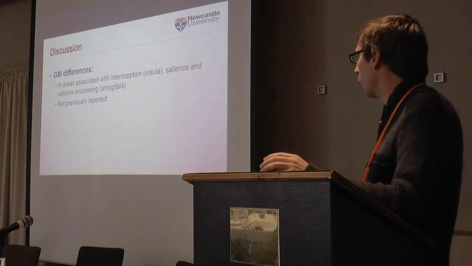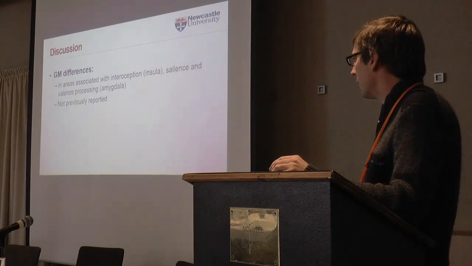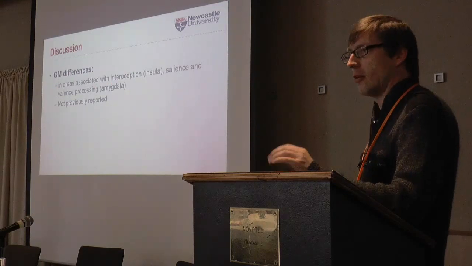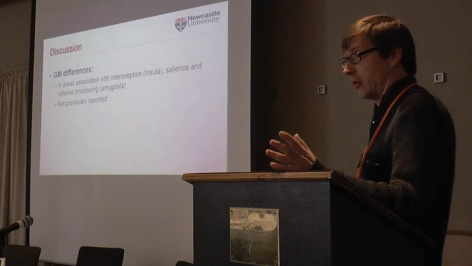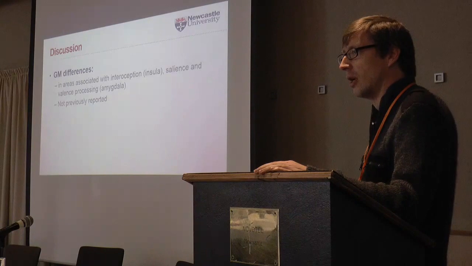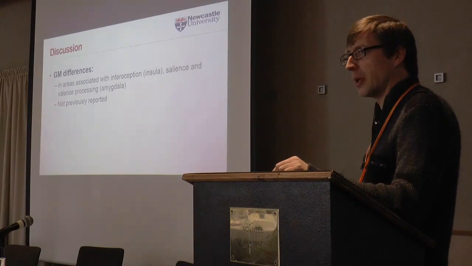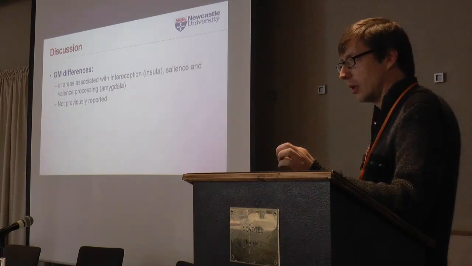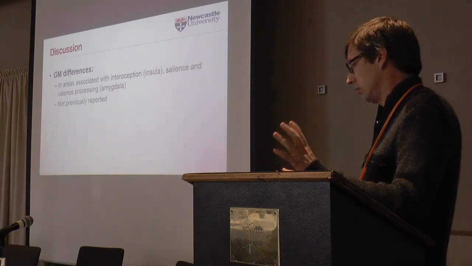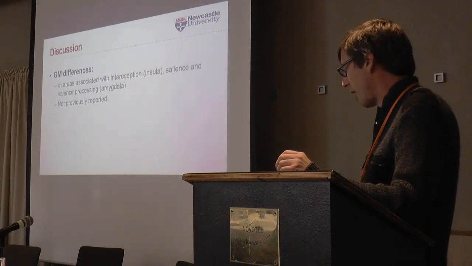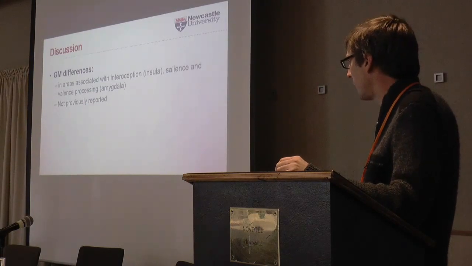That's the role of the amygdala. The thing is that none of the previous studies have reported any of these areas before. So I think we need to be a little bit careful about putting too much emphasis on them until we've replicated some of these findings.